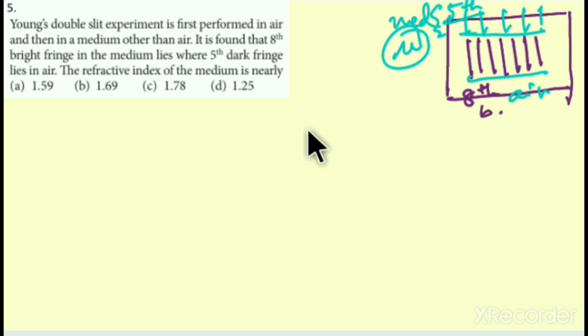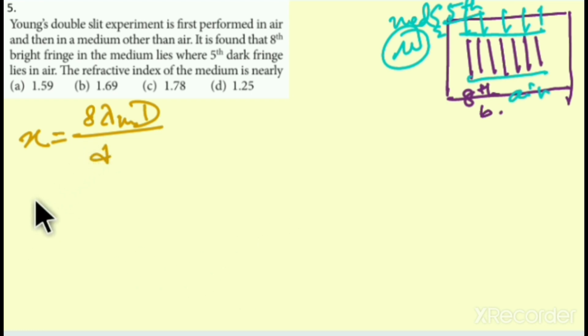So let's start. For the bright fringe we know that x, the position of the bright fringe, will be n lambda D by d, where lambda is the wavelength of that medium.